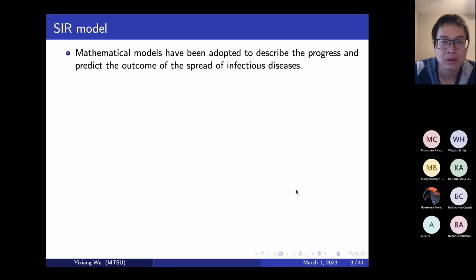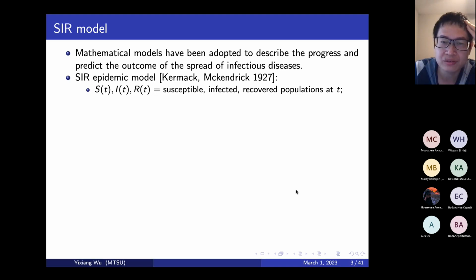We know that mathematical models have been used to study the spreading of infectious diseases for a long time. Probably the first ordinary differential equation model for infectious diseases is due to Kermack and McKendrick, which goes back to 1927.